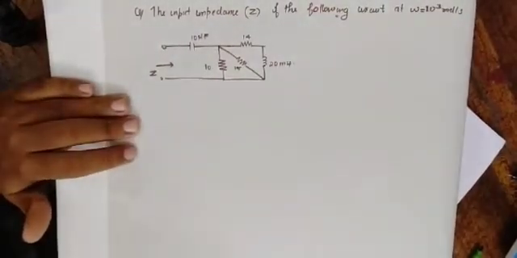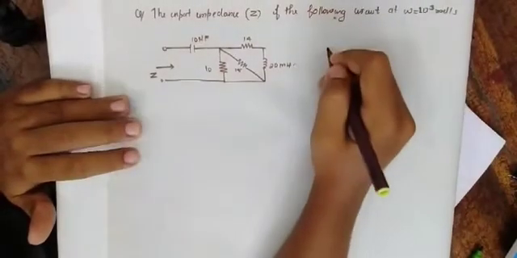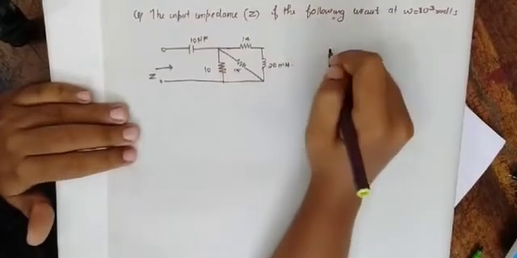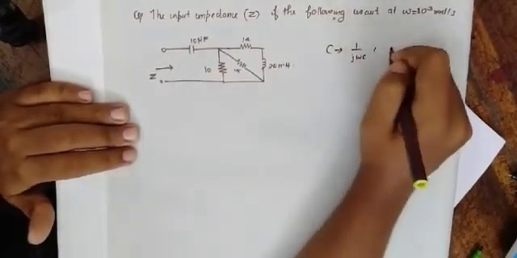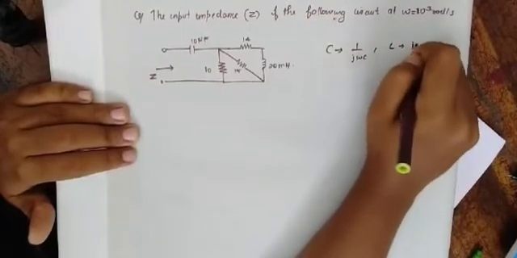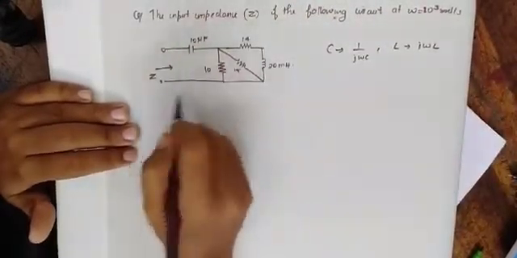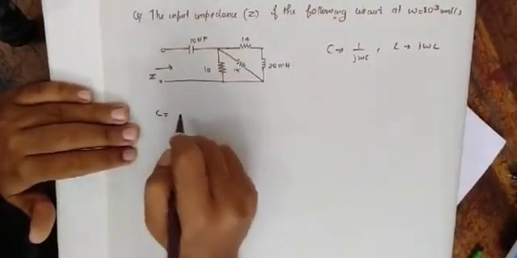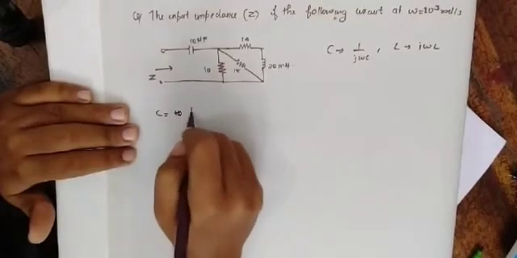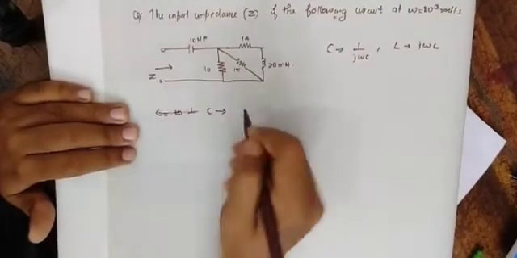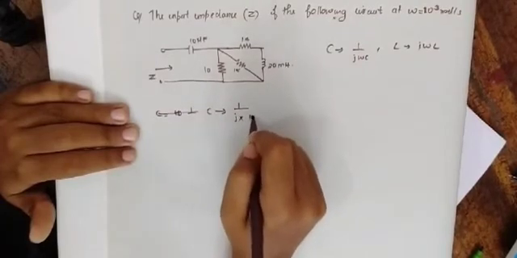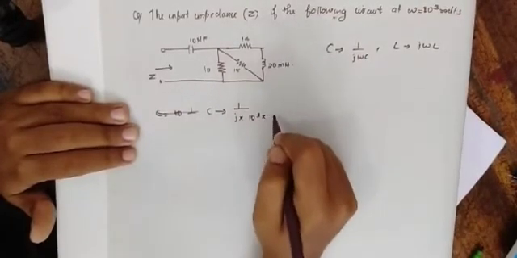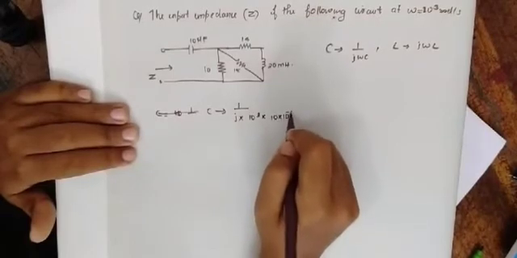And I am going to write this in j omega format. So in the j omega format, capacitor becomes 1 divided by j omega C, and inductor becomes j omega L. Okay, so our capacitor will be equal to 1 divided by j into, instead of omega it is given, 10 raised to 3 into C. C is 10 microfarad.